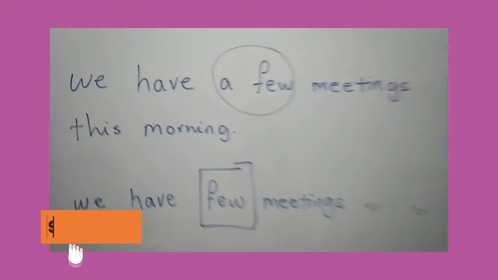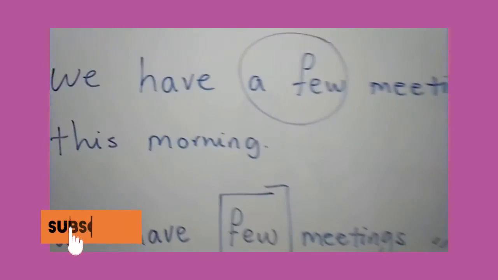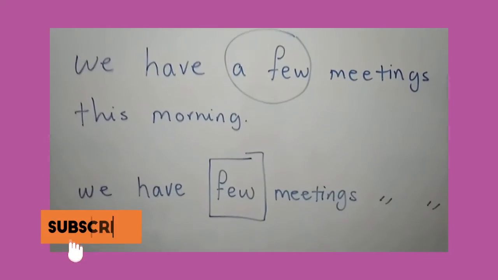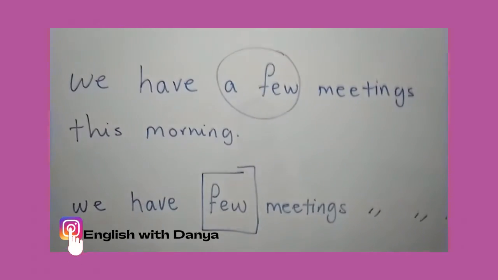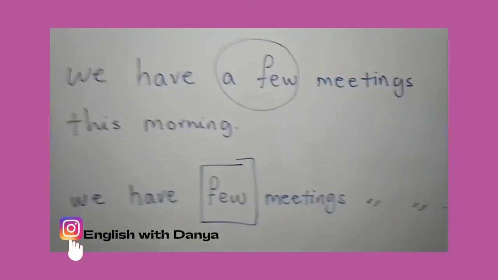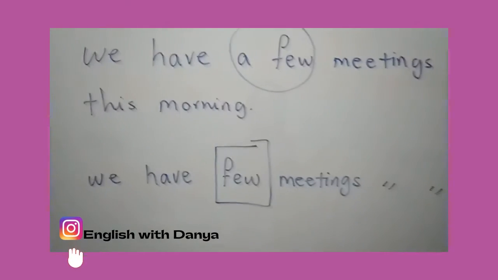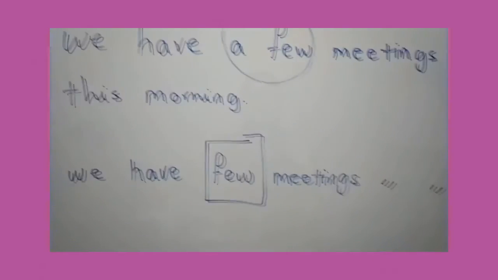It means that with the use of "a," we have some meetings this morning and the meetings are countable. That means we probably have maybe 2, 3 or 4. But with the second one, we have few meetings.